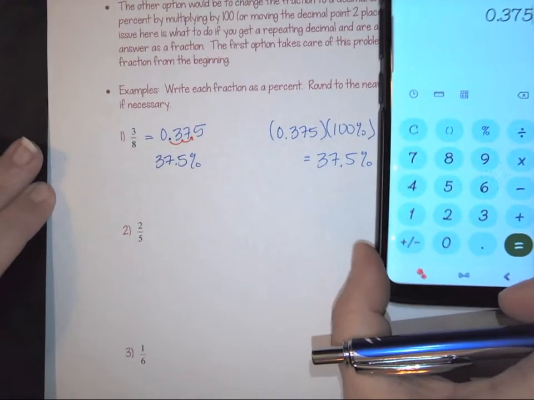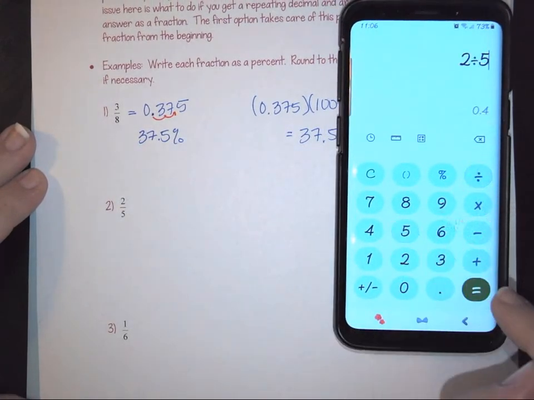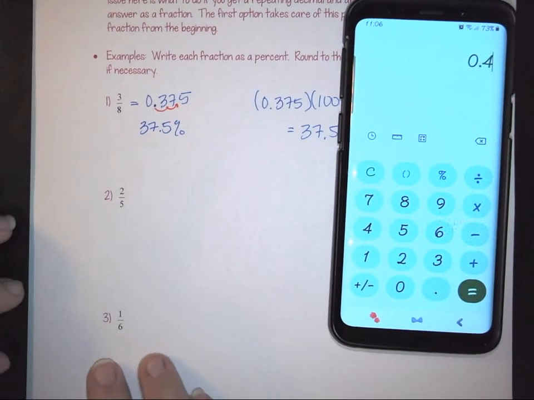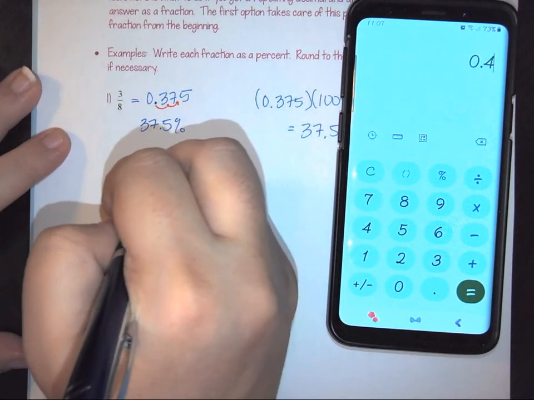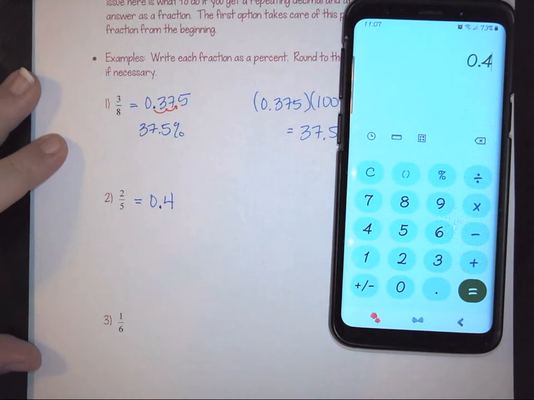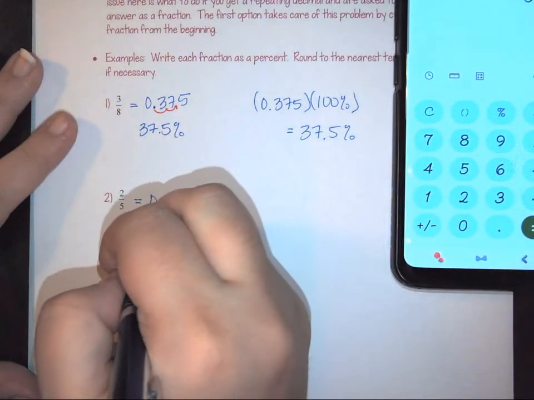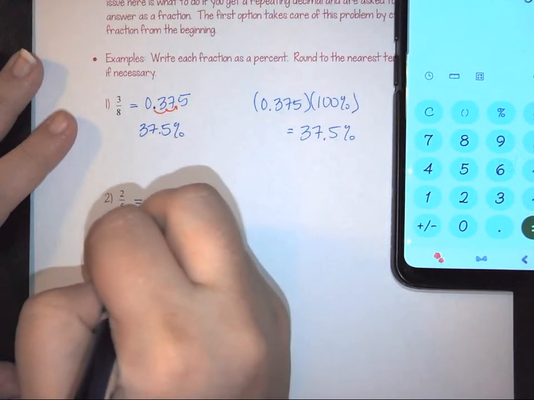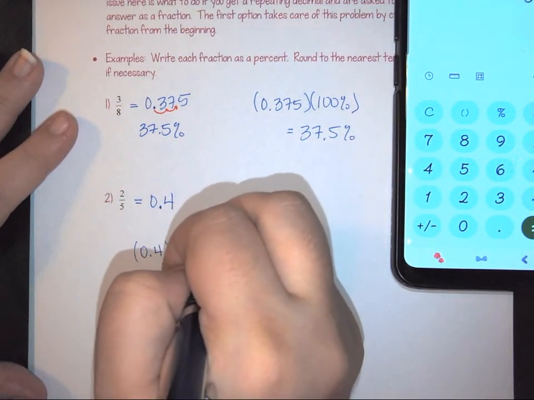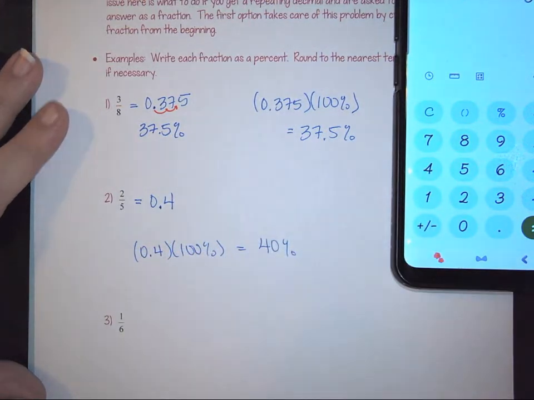I would take my 2/5, go into your calculator, 2 divided by 5, and hit enter. So this is going to give you 0.4. Then again, you can either move your decimal place 2 places, or remember 0.4 times 100% is going to give you 40%.